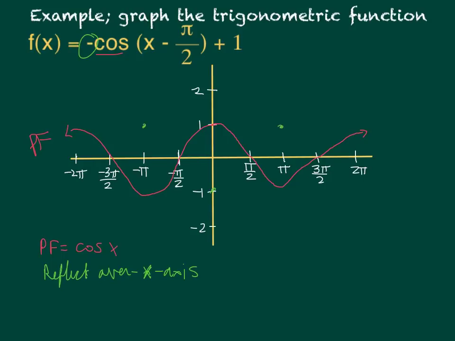So again, our valleys will become our peaks, and our peaks will become our valleys, but they're going to cross at the same places on the x-axis. The next thing we need to do is translate it right pi over 2.